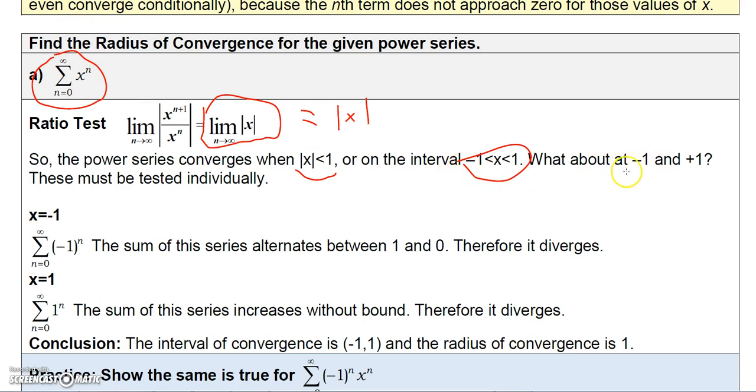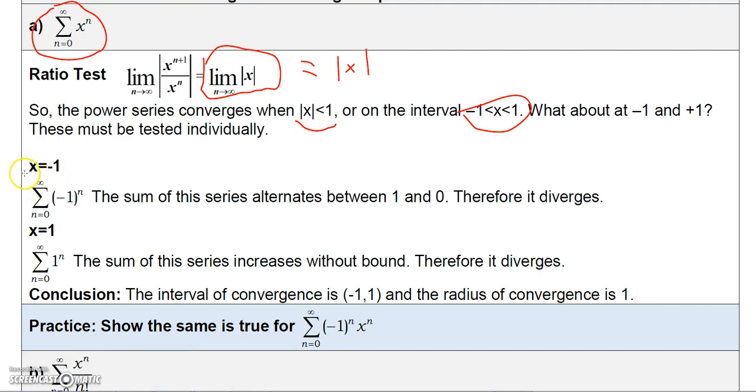Now, what about at the endpoints, -1 and 1? Well, we'll test these individually. If x equals -1, then plug -1 in for x, and you just get this series, which is the sum of (-1) to the n. Now, if you tried to add this up, you'd get 1 plus -1 plus 1 plus -1, and so the sums would alternate between 1 and 0.